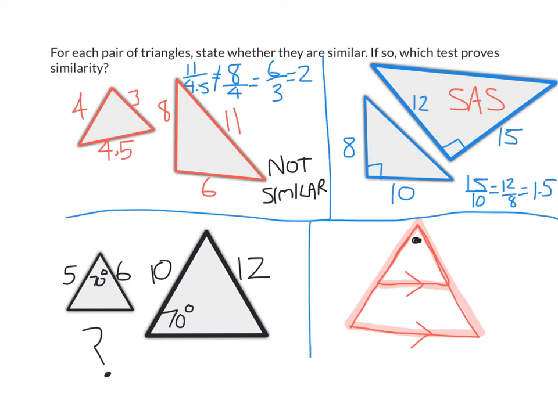This angle here is common to both triangles, so it must be equal in both triangles. If it's 30 degrees in the smaller triangle, it's 30 degrees in the larger. So this angle and this angle are equal because they're corresponding and we have parallel lines, and similarly these two angles are corresponding. So these two triangles are similar because they satisfy the AAA test.